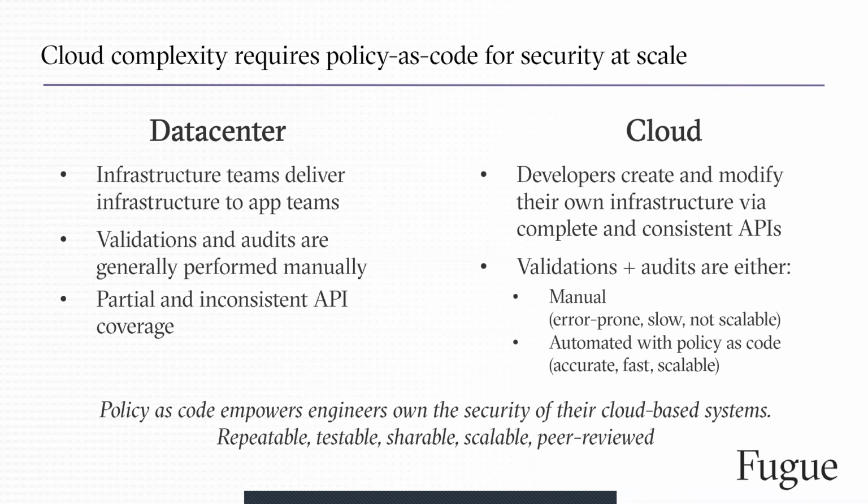You've got virtual machines or containers that are using other products, and there's a separate API there, and everyone is kind of a snowflake. And usually there are big chunks of it that really don't have API coverage, and that leads to validation and audit generally performed manually, because you can't write a policy that can look across the whole data center.